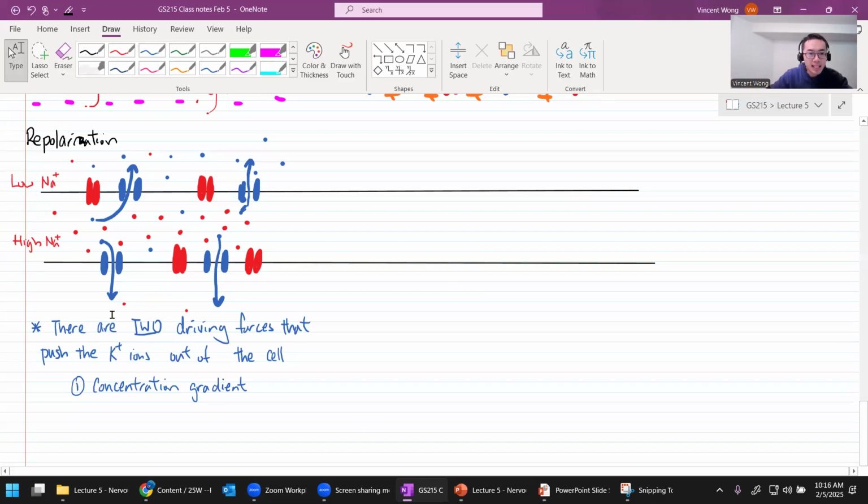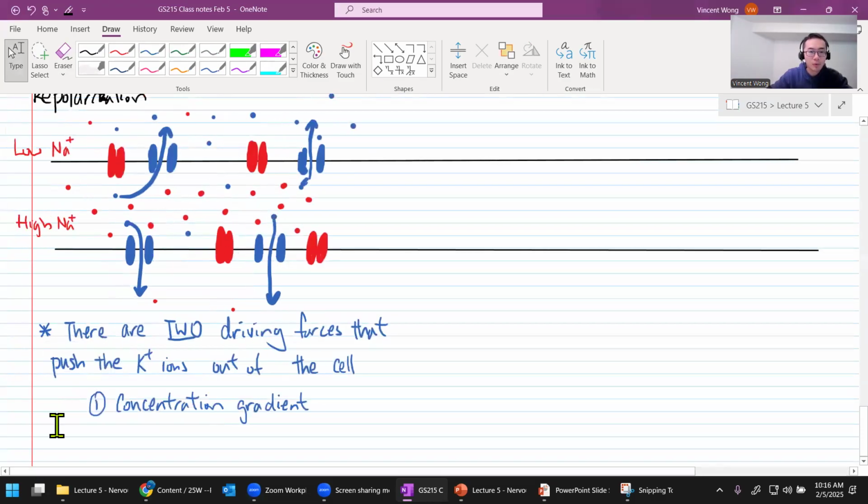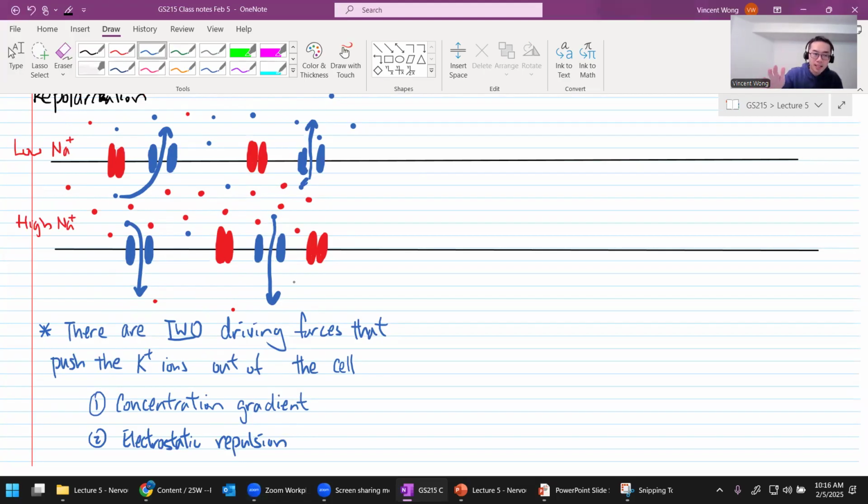But there is a second driving force that would really push the potassium out, that would really encourage them to go out, and that is electrostatic repulsion. What does that mean? Well, potassium is positively charged, and so is sodium.